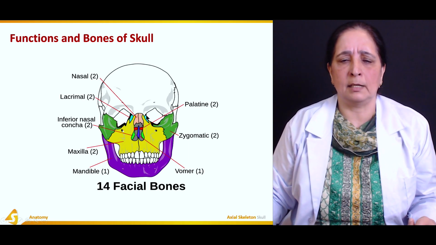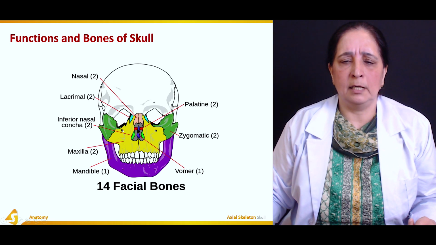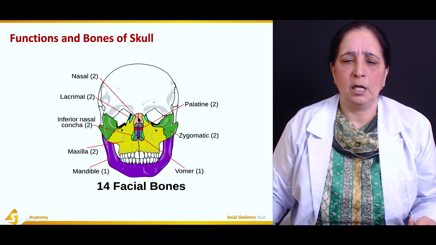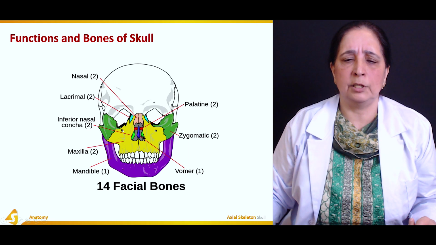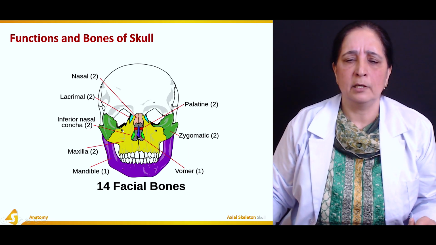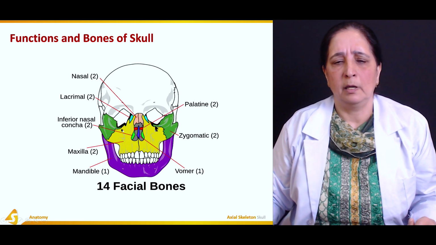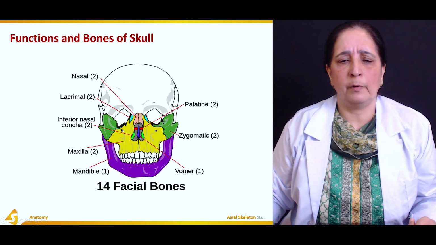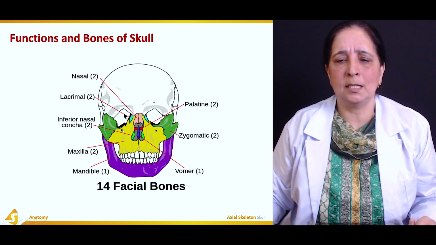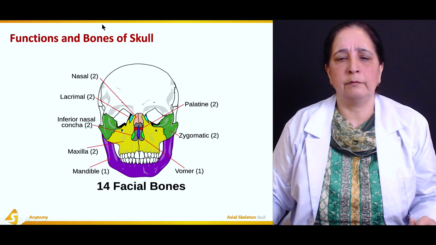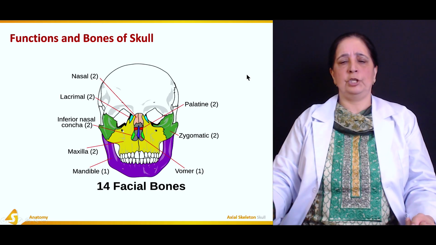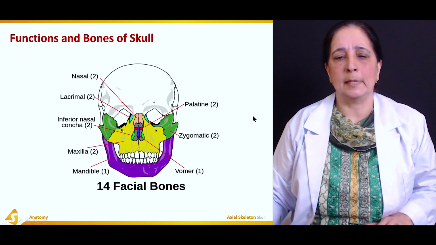They provide the space for the nose. We have nostrils, which are important for breathing. Orbital sockets provide protection for the eyes. So these are some important functions of the facial bones and facial muscles.